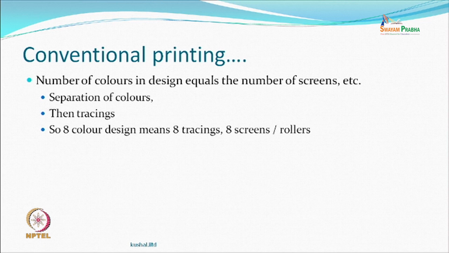There is a green, there is a yellow, there is a light green, there is a blue, there is a red. In the design they have to separate them and accordingly make tracings for each color. So if it is an 8 color design, it means you will make 8 tracings based on the separation of colors, and then you will make either 8 screens or 8 rollers. And so the whole of this is a complex process.